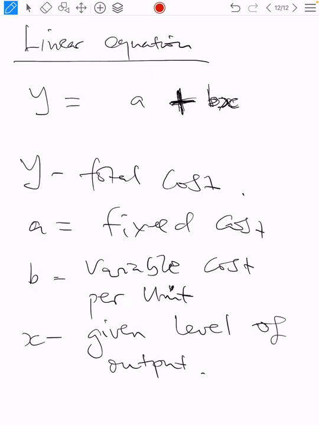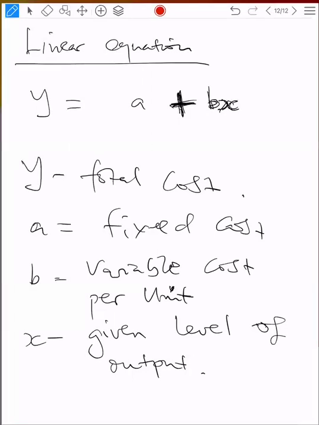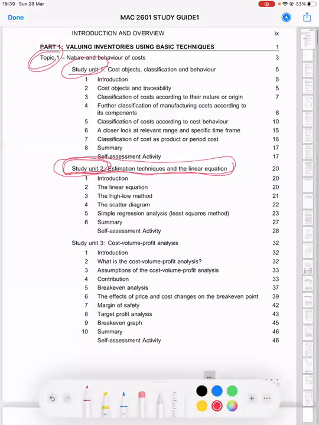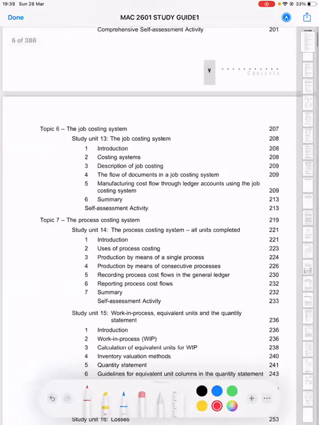No. Okay. Now an exercise. These are techniques that are used to separate costs in instances whereby you are given mixed costs. Now, a simple exercise.